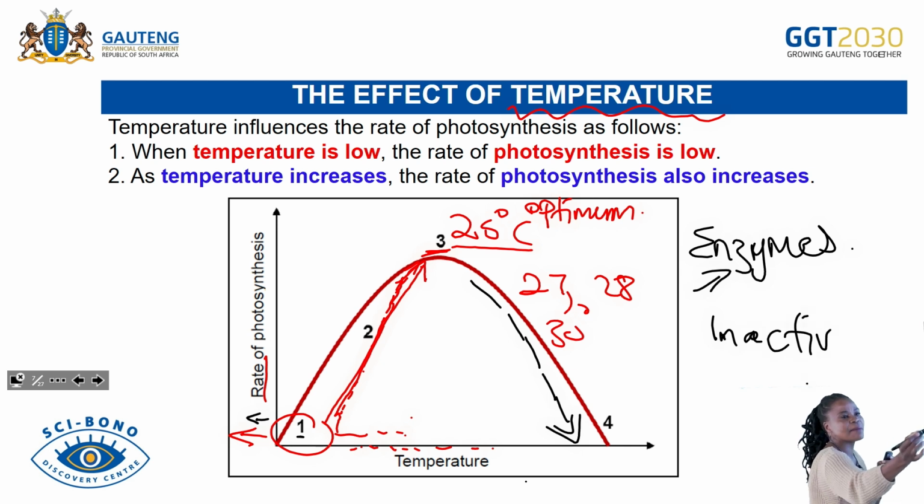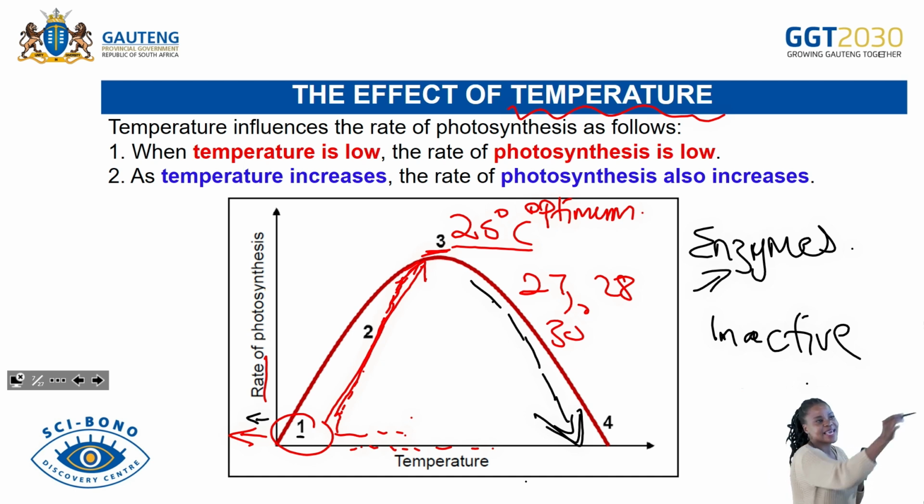And if they become inactive, the process of photosynthesis will no longer be able to take place. Hence, the rate of photosynthesis will drop because of the enzymes being denatured, because of the enzymes being inactive.